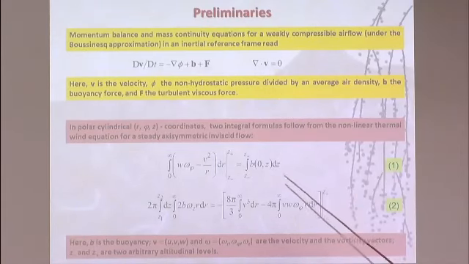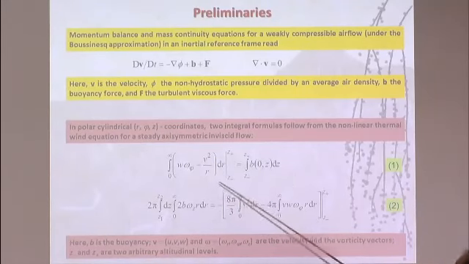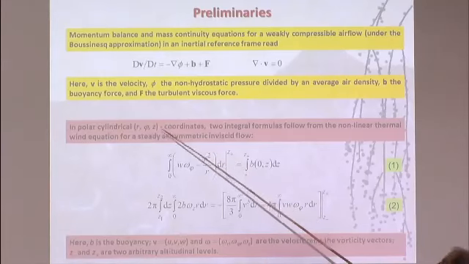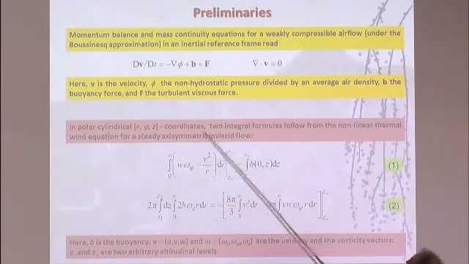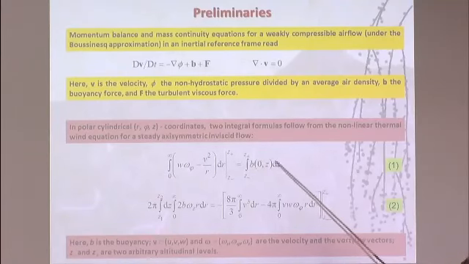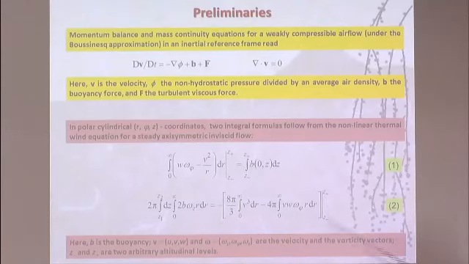If you consider polar cylindrical coordinates r, phi, z, and assume no dependence on the azimuth phi, then you can construct nonlinear thermal wind equations, which basically relate the azimuthal component of vorticity and buoyancy, and you can obtain two integral theorems. It's like the first momentum and the second momentum. And this is rather famous.